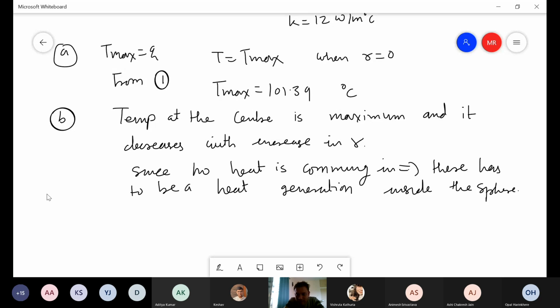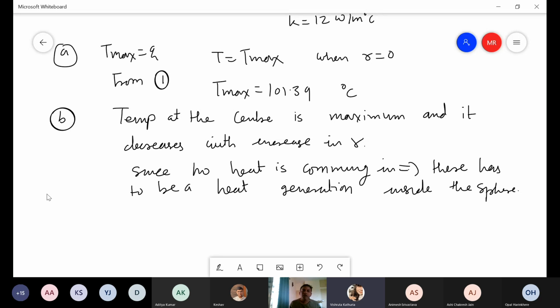That is the unsteady state case. Here we are saying that it's a steady state, and the temperature profile given is for the steady state, isn't it? So clearly that steady state profile you can have only if there is a continuous heat generation. Yes, sir. Okay.